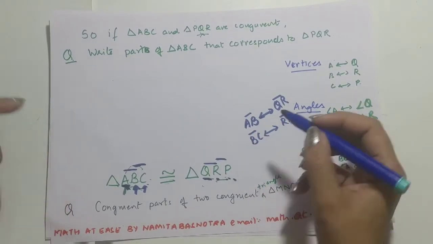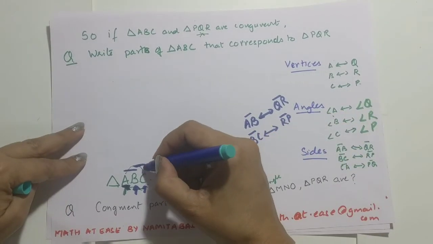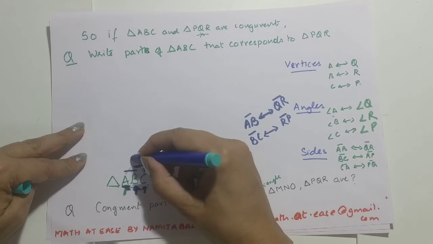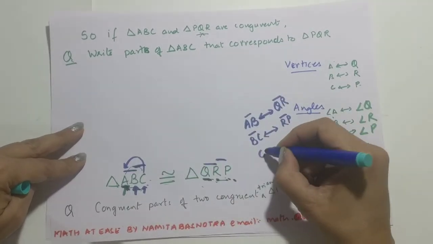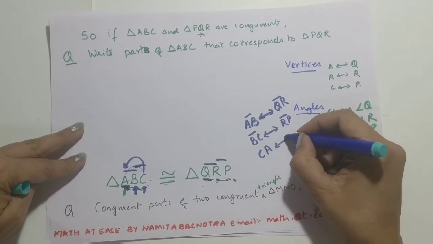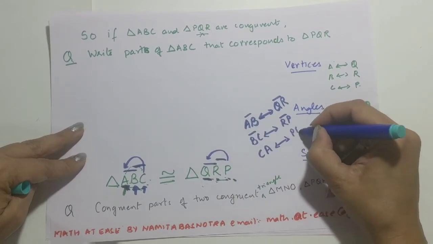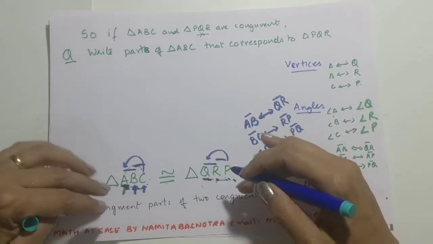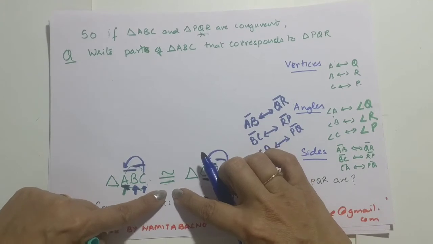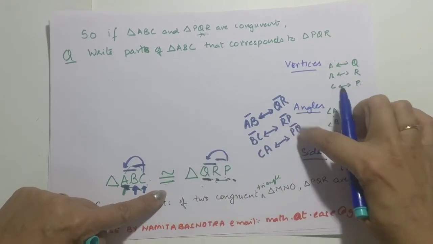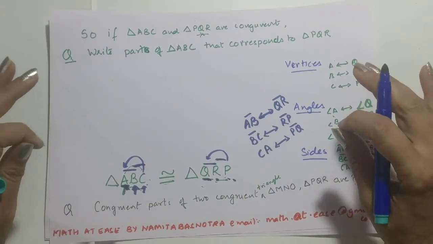And then what is left is C here and A. So you will write CA of this triangle corresponds to PQ of the other triangle. So just by looking at the name, and if it is mentioned that they are congruent to each other, you can write the corresponding sides, angles and vertices.